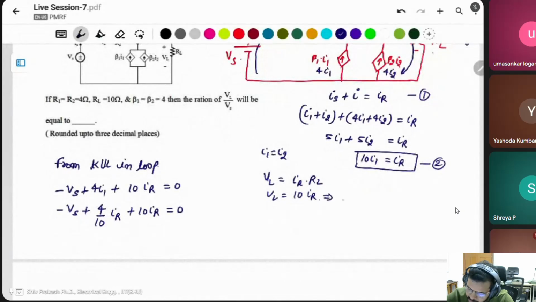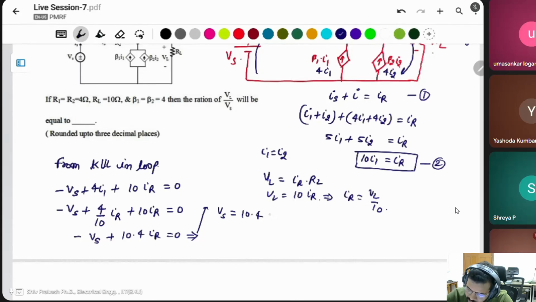From here you can say IR is equal to VL by 10. Minus of VS plus this will be 0.4, 0.4 plus 10 is equal to 10.4 IR. You can say this will be VS equal to 10.4 IR.